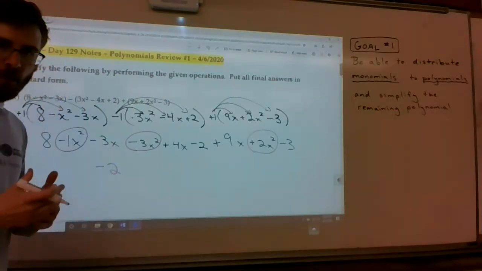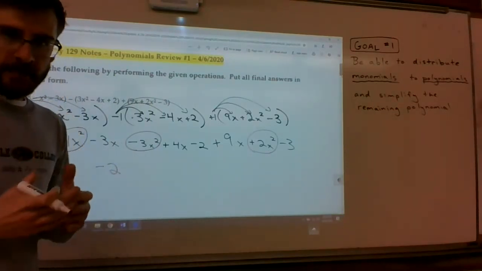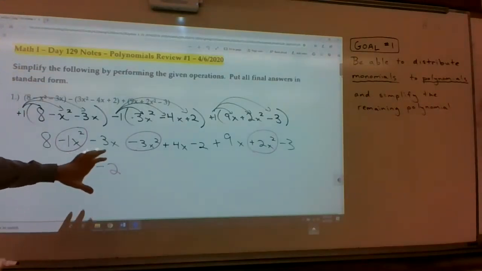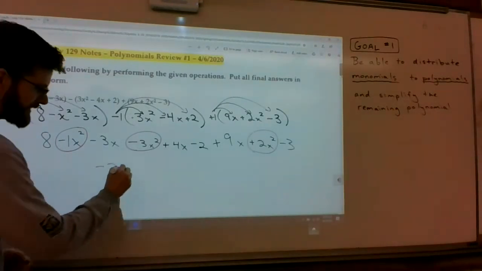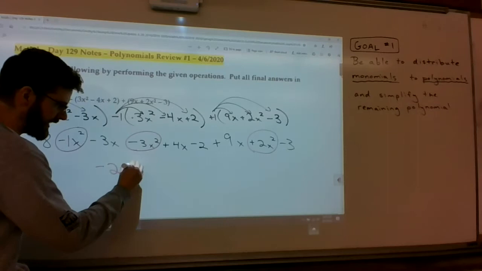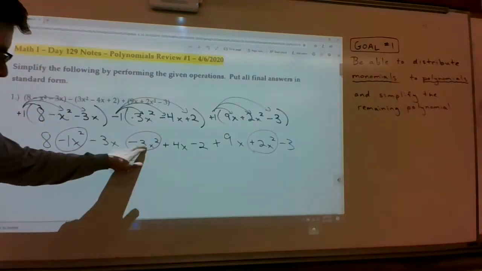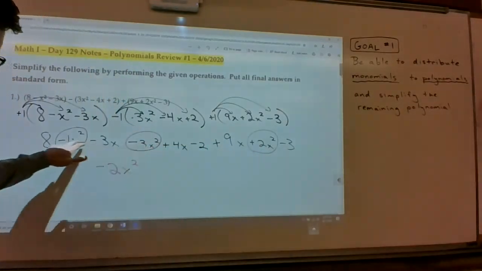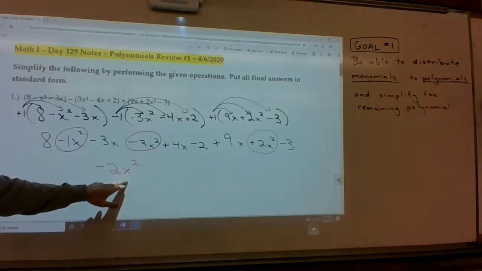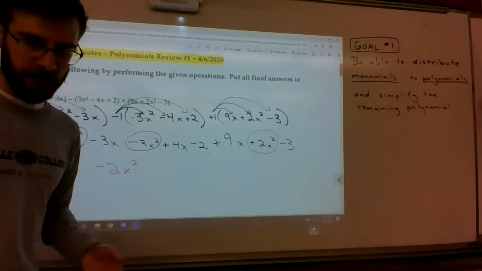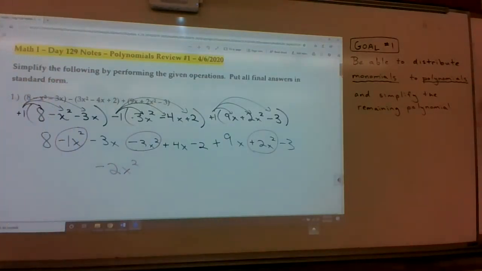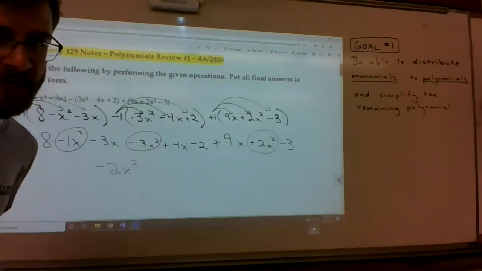Now when you add or subtract like terms, you add or subtract squares, you have to keep it exactly as it is. So the x squared terms added to or subtracted from one another remain as an x squared in the final answer. That's going to be a little different with multiplication.